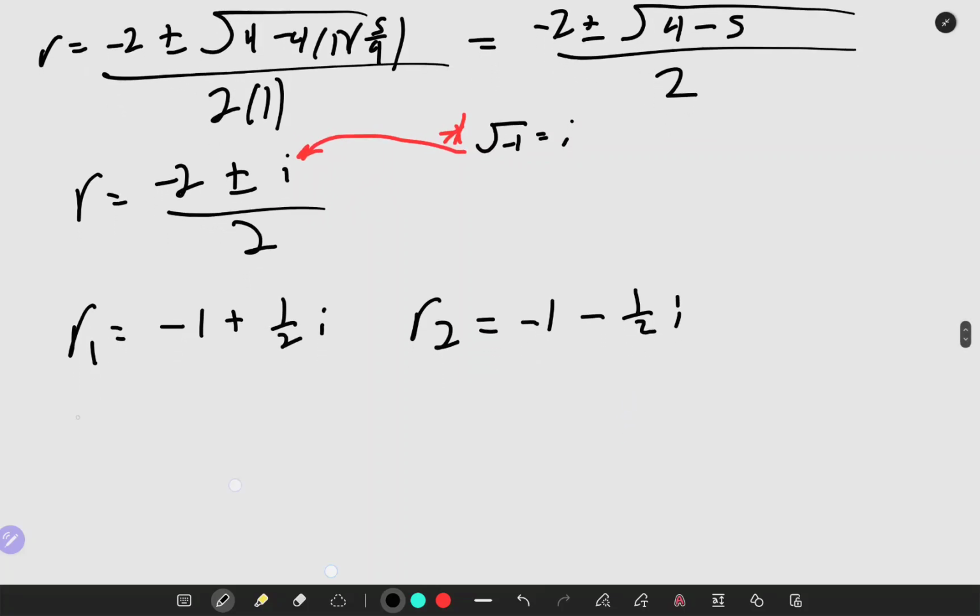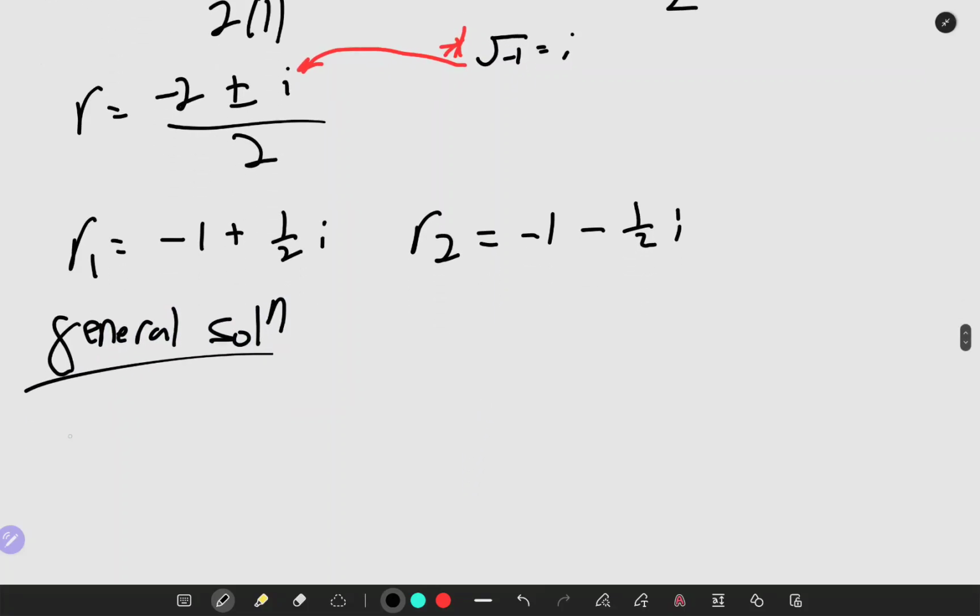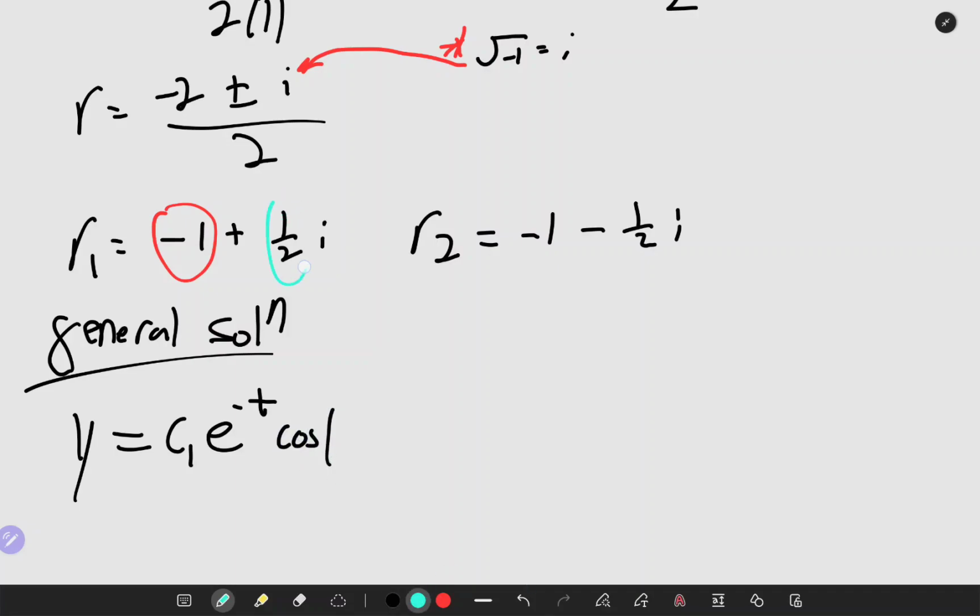We can now write our general solution where y is equal to, it's always C1 e. Now, for this first one, we look at the first one, negative t. For this, we look at this.